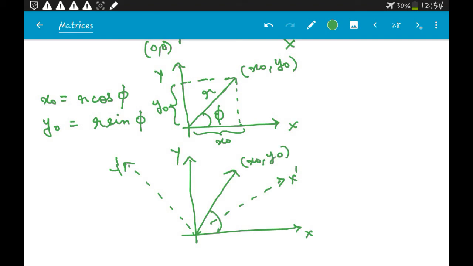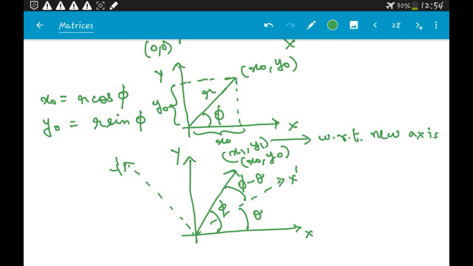This entire angle was phi, and this angle is theta, so this angle becomes phi minus theta. This vector becomes x1, y1, the new vector with respect to the new axis. The vector doesn't change position at all here. It's just the axis which changes position, so we look at it with respect to the new axis, x dash, y dash.